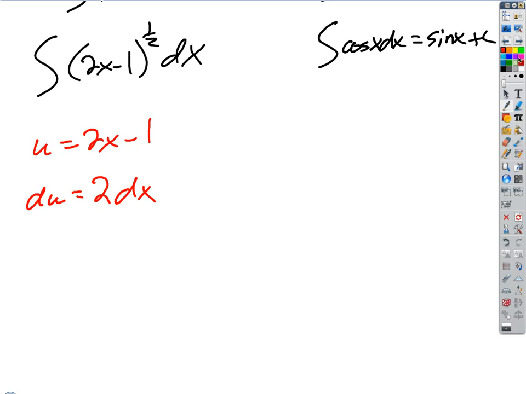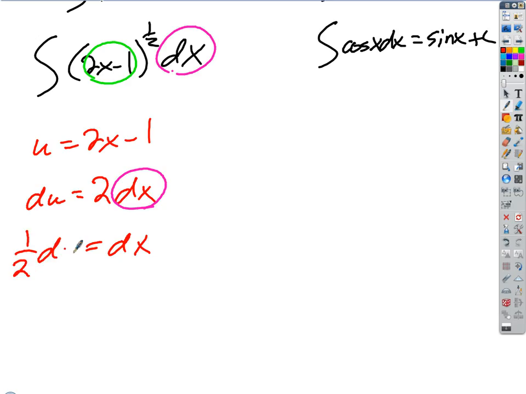So here is our u to the 1/2, but then all I've got left is dx. But you can make the du multiplied by 1/2. If I just divide each side by 2, I end up with dx equals 1/2 du, and now I can complete the substitution.